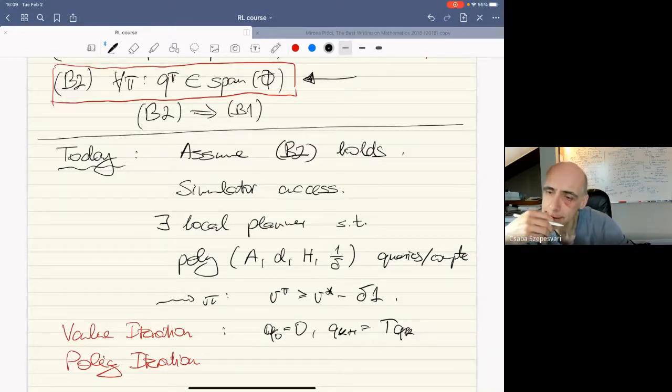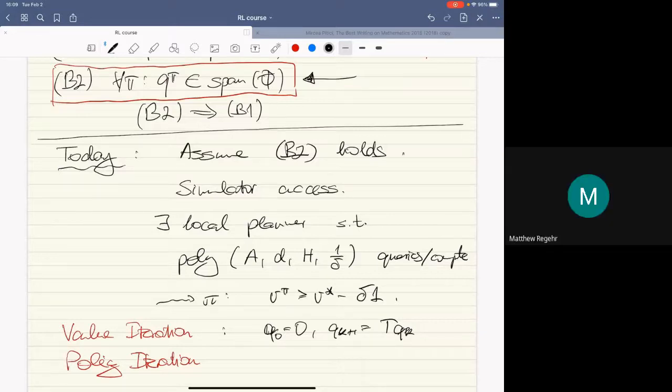Yeah. So what's the problem? Yeah, Mehran, do you want to say something? No? Well, maybe the issue with value iteration is that those iterates might not lie in the space anymore.